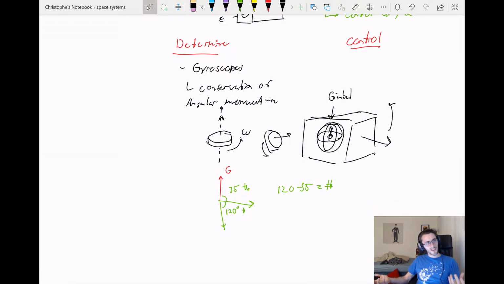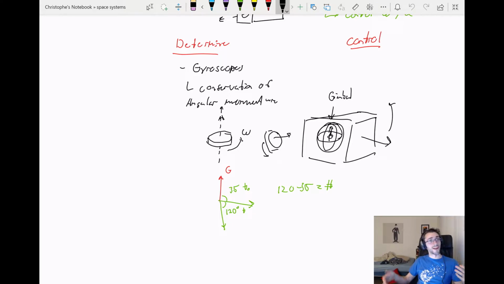That gives you a relative orientation with your gyroscope, but that doesn't really give you a sense of where your spacecraft is pointing in 3D space, which is often why you see gyroscopes come in pairs of 3s or pairs of 4s. So oftentimes you'll have gyroscopes that define an orthogonal coordinate vector system.